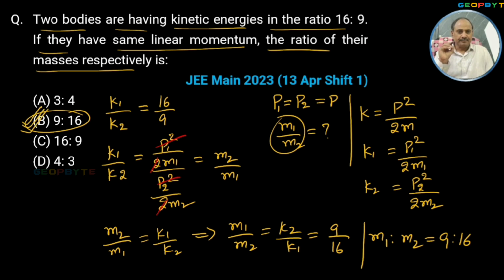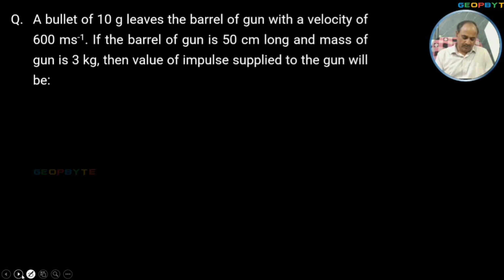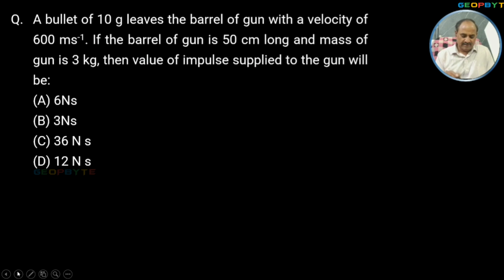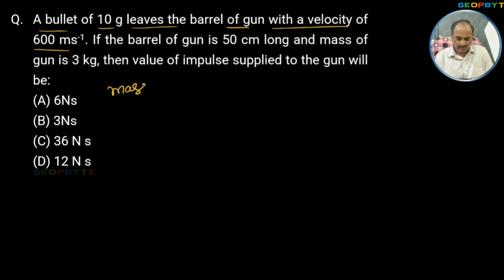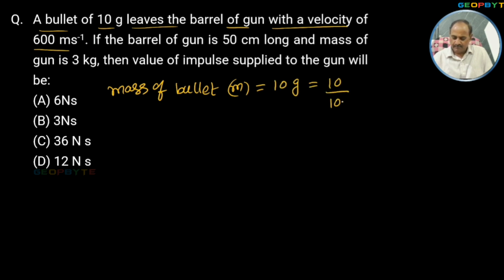Understood clearly? Yes. Similarly, look at another important problem. It is given like this. A bullet of 10 grams leaves the barrel of a gun with a velocity of 600 meter per second. Given the mass of the bullet, let that be small m, equal to 10 grams, equal to 10 by 1000 kilograms.